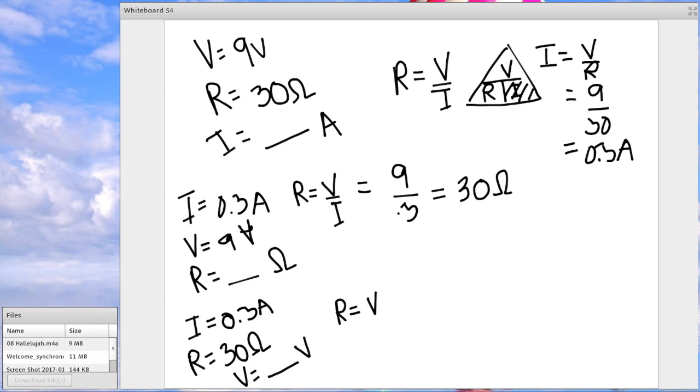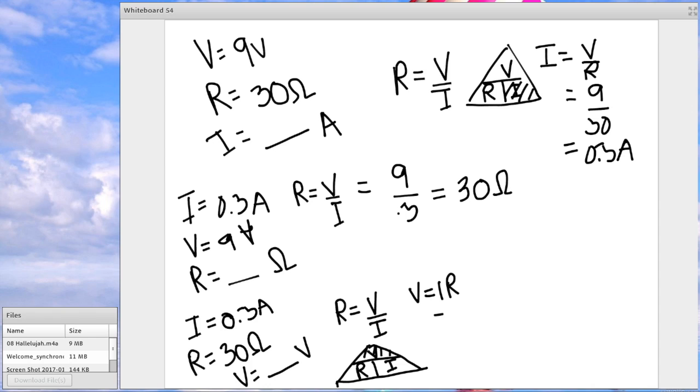So we do R equals V over I. Okay, I'm going to need to put this in the triangle because I don't want to do any algebra. So I'm going to have R, V, and I, and I'm looking for V. So V equals IR.